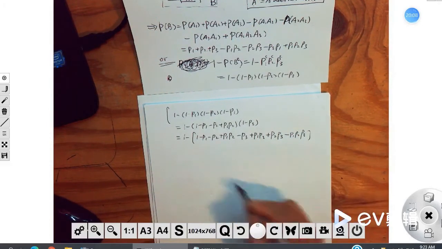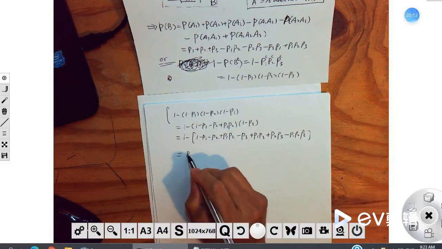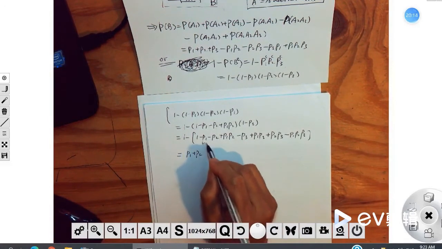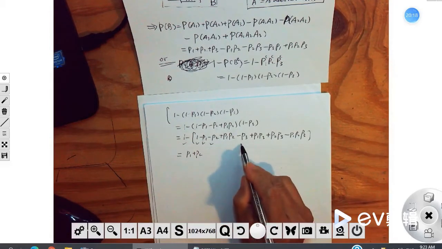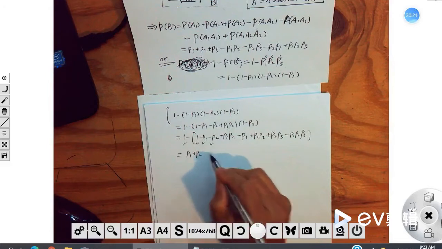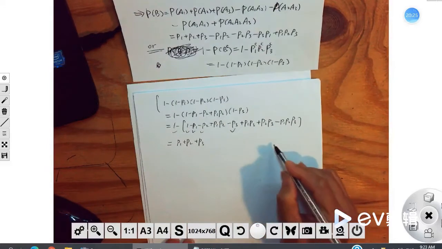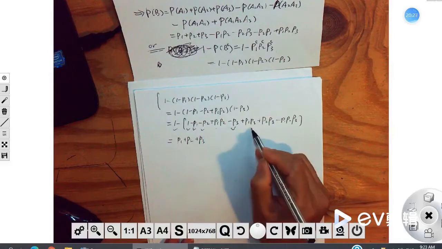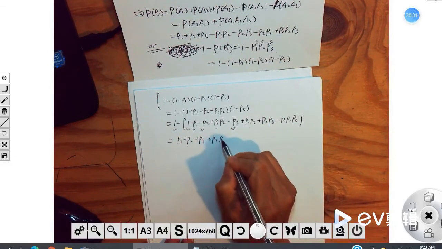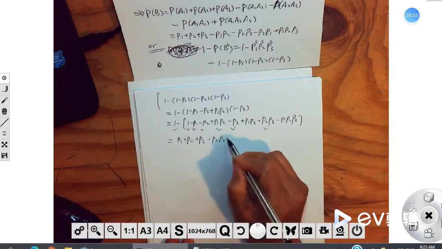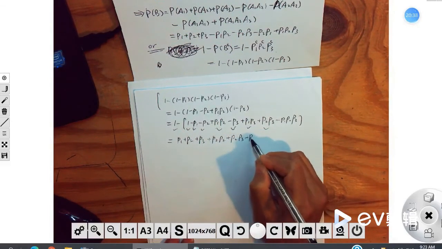After you subtract these two, I have P1 plus P2 and another P3, the single terms, since the 1 cancels. Then the second-order terms: minus P1P2, P2P3, and P3P1.